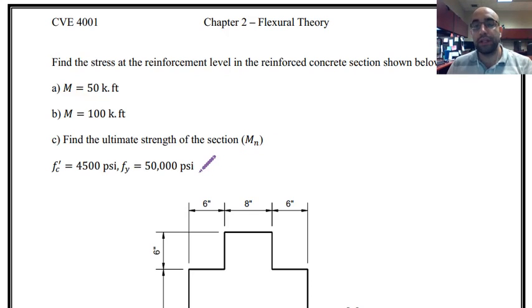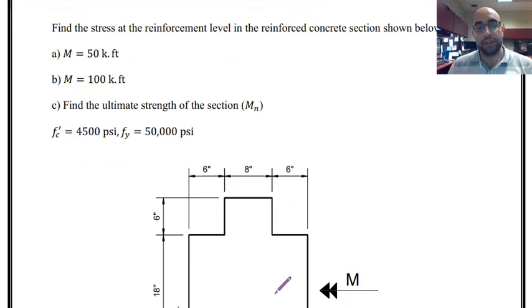As you remember, during the second chapter, when we were talking about stages that we have in the behavior of reinforced concrete sections, we said that we have uncracked section, we have cracked section, and at the end we have the ultimate strength stage, which the section is basically reaching its ultimate strength.